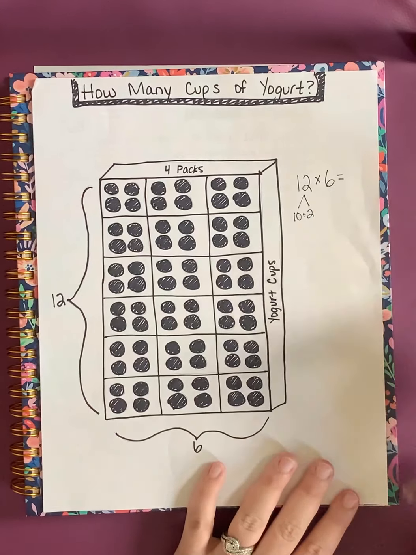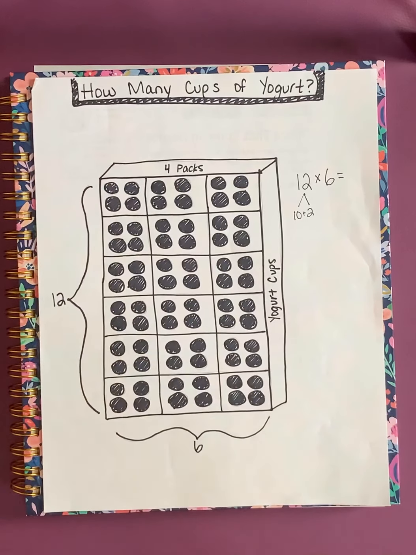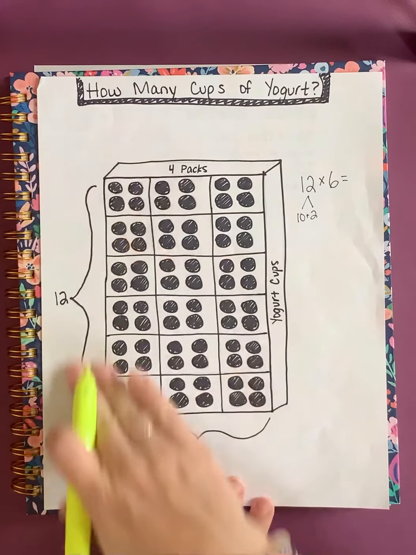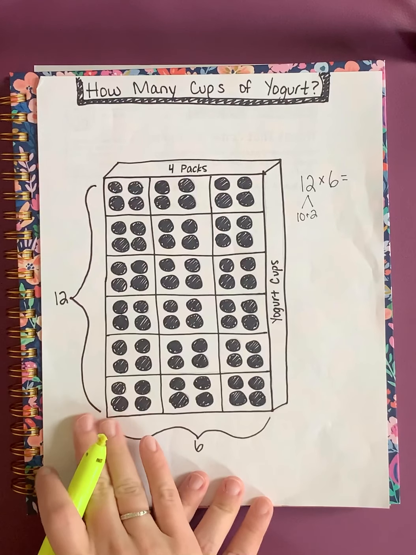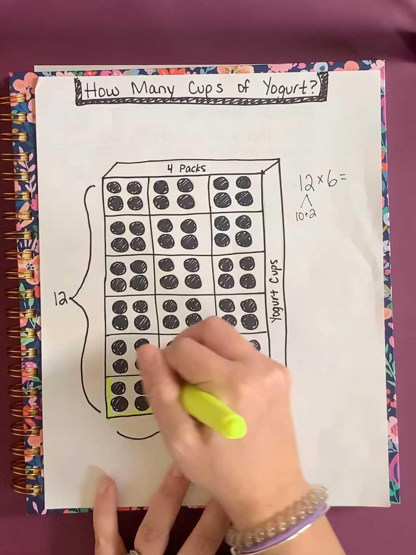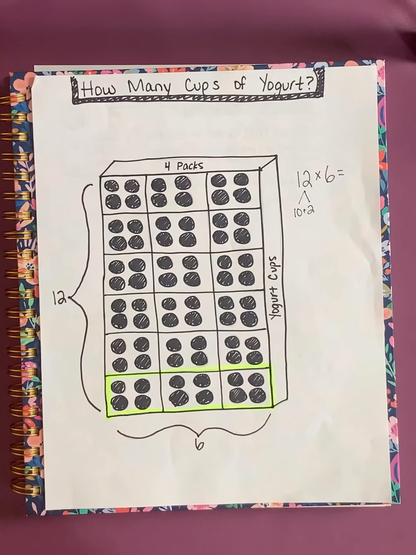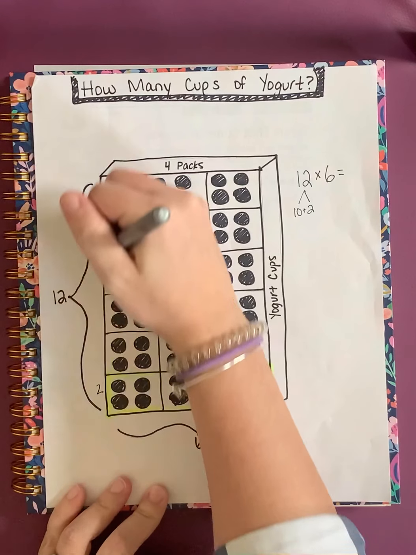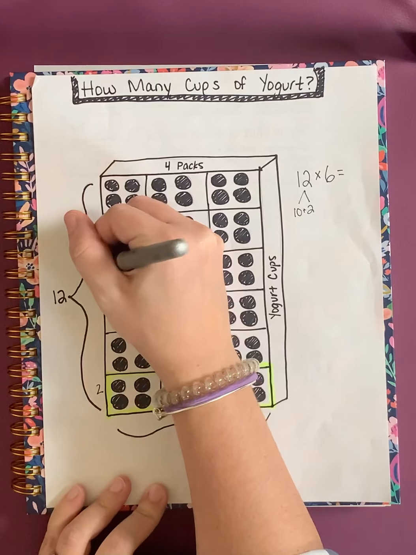All right, so now if I look here at my array, what that's going to look like is if I'm breaking up this 12 into 10 and 2, this is going to be my 2, and then the rest of this over here is going to be my 10.